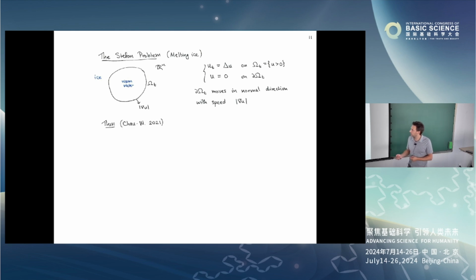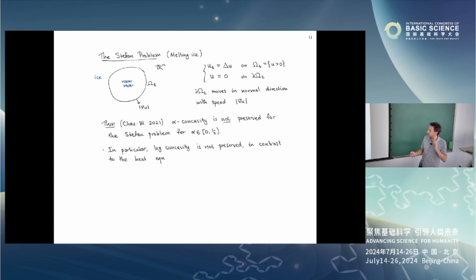So our result, again, joint with Albert from a couple of years ago, says the following: similar to our result for the porous medium equation, we get that alpha concavity is not preserved for the Stefan problem, where alpha is between 0 and 1/2. So in particular, it says that log concavity for the Stefan problem is not preserved, and this is in sharp contrast to the heat equation.